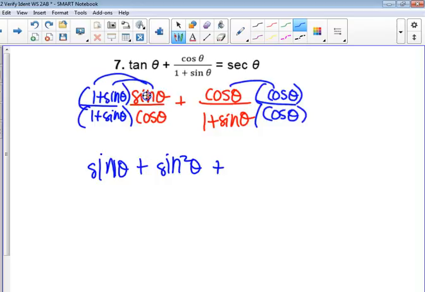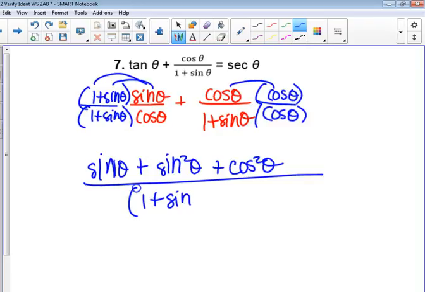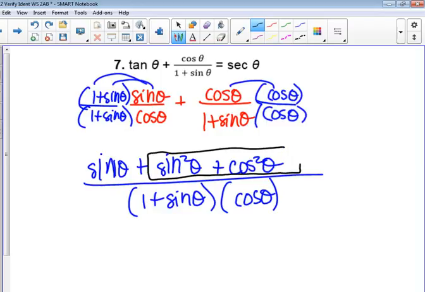Okay, sine times 1 plus sine times sine is sine squared. Cosine times cosine is cosine squared. All over the common denominator, which I'm not going to multiply together. Then what? We're allowed to take only part of that and trade it for something?